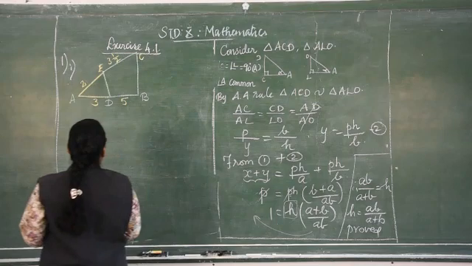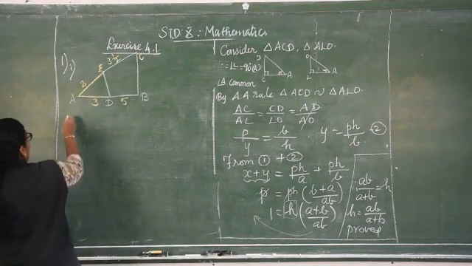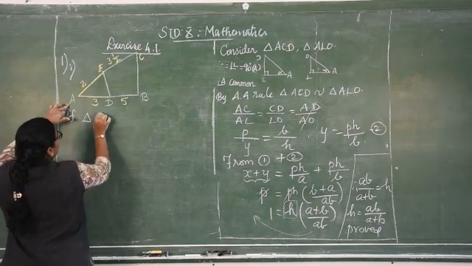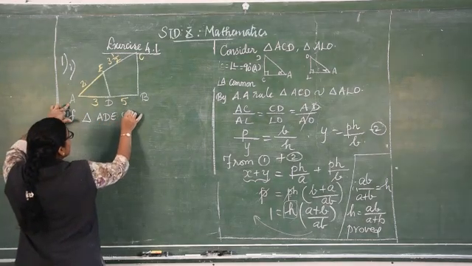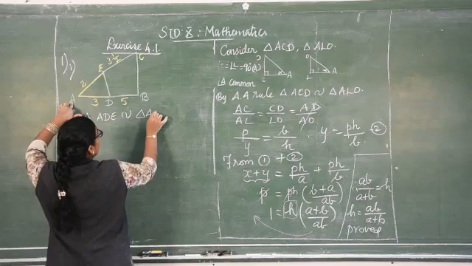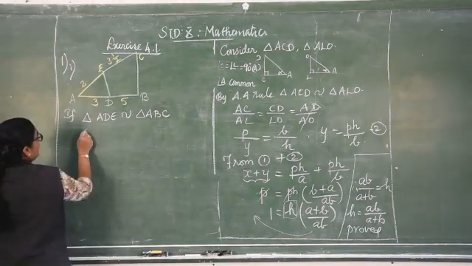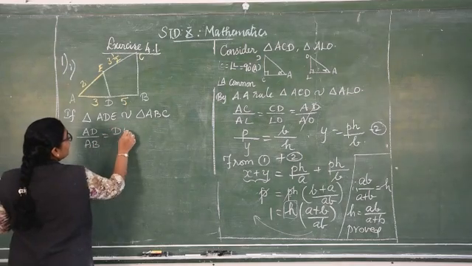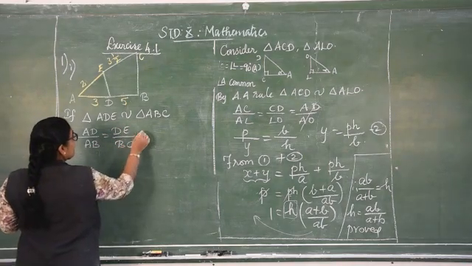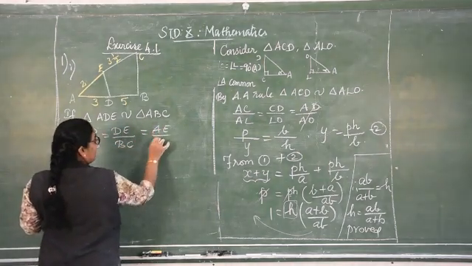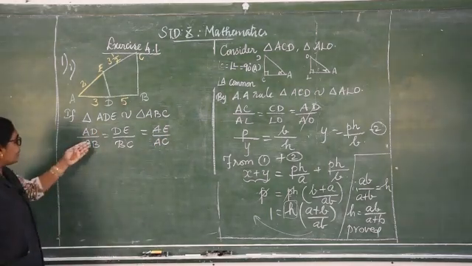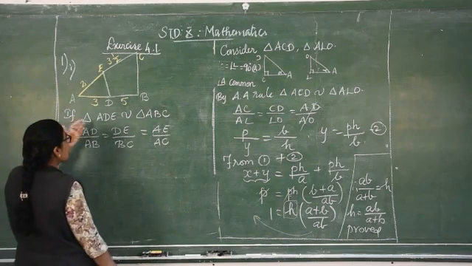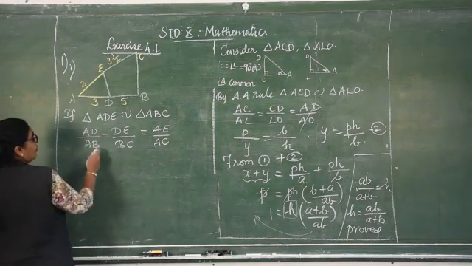So let us consider the triangles are similar. If triangle AD is similar to triangle ABC, we can write AD by AB is equal to DE by BC is equal to AE by AC. Then if the condition is satisfied, we can say these two triangles are similar. Then what will we write?